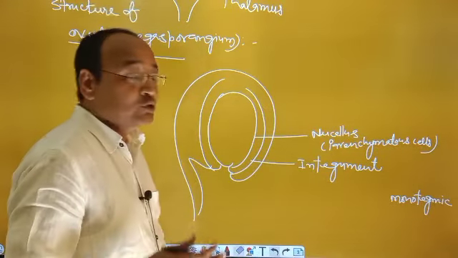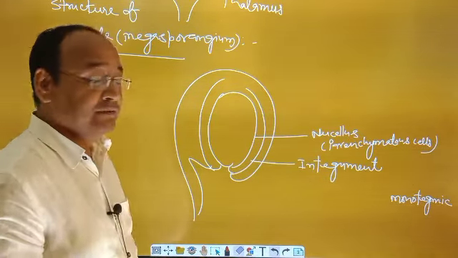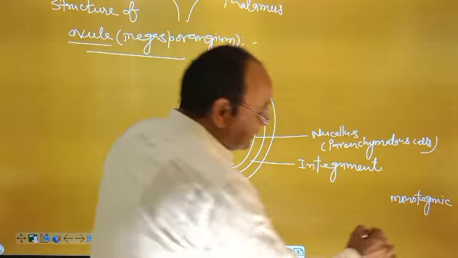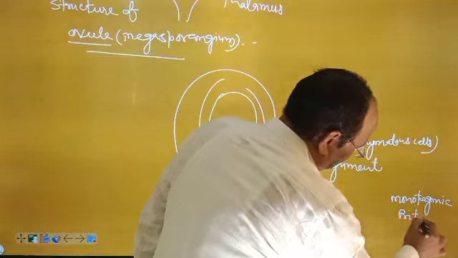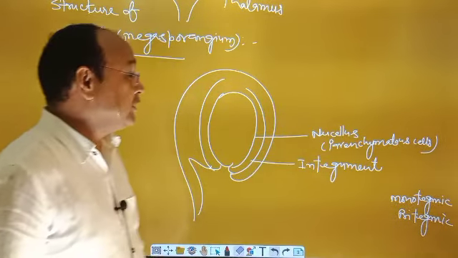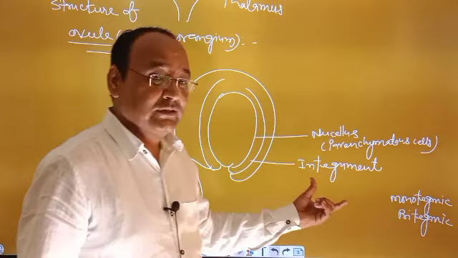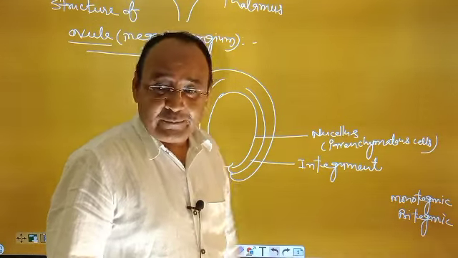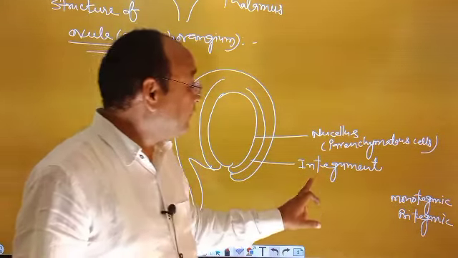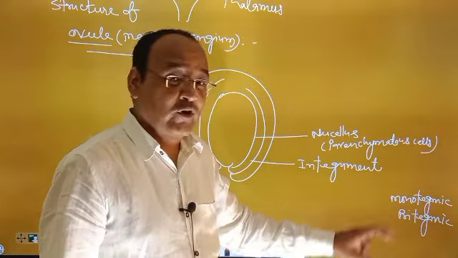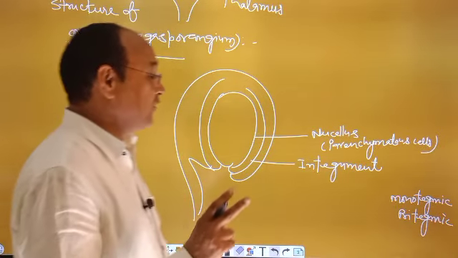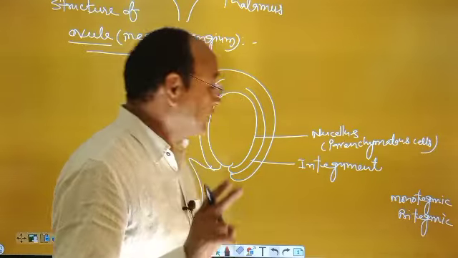If two integuments are present surrounding the nucellus, it is called bitegmic. So on the basis of integument, ovules are of two types: monotegmic and bitegmic.